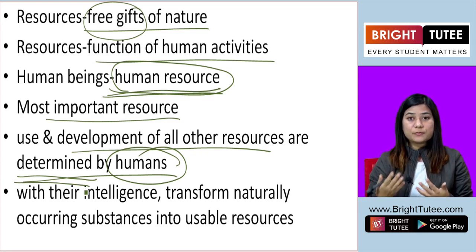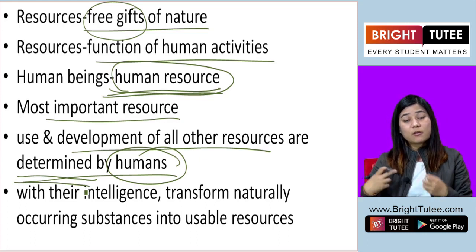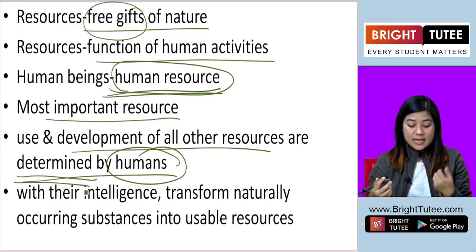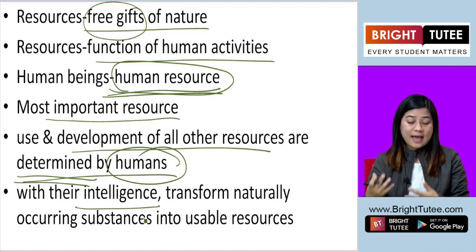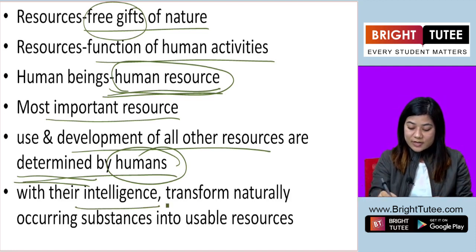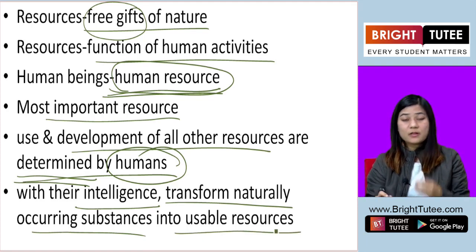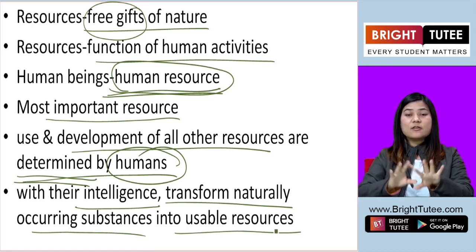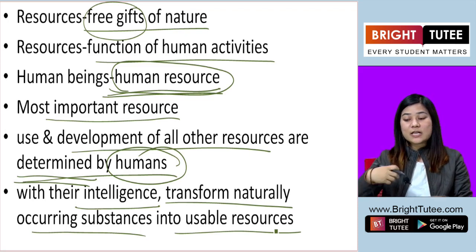Now, how do the human beings do this? How do they use the resources? How do they cause the development of resources? They use their intelligence, their knowledge, the information they have, and with that they transform the naturally occurring substances, which are resources, into usable resources. So resources are not available in nature in a ready-to-use form. We can't just go to the forest or dig into the earth and immediately use the resource.